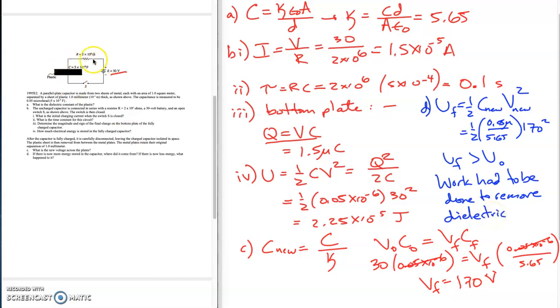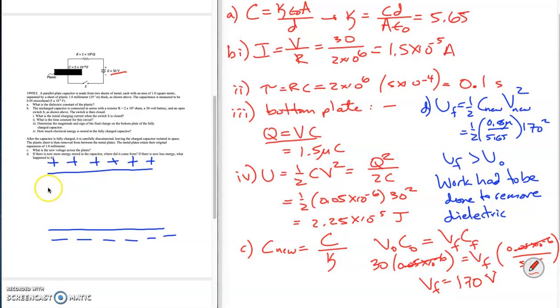All right, so let's come back over here and take a look at this. Let's blow it up, and I'll redraw my diagram that I drew in the notes with dielectrics. So the top plate has pluses, the bottom plate has minuses, and then in the middle here we have our dielectric, which is going to be polarized, but not let the charges move on it.